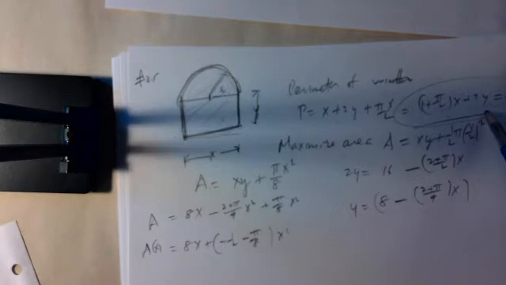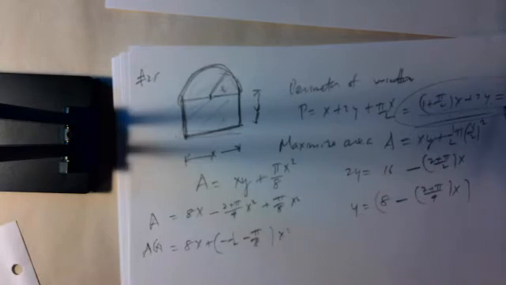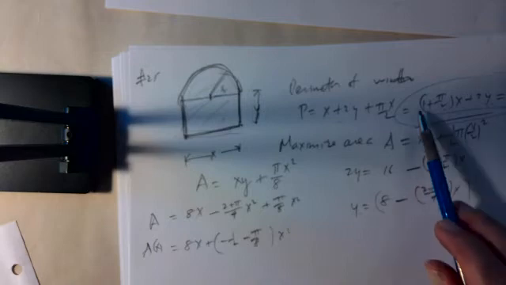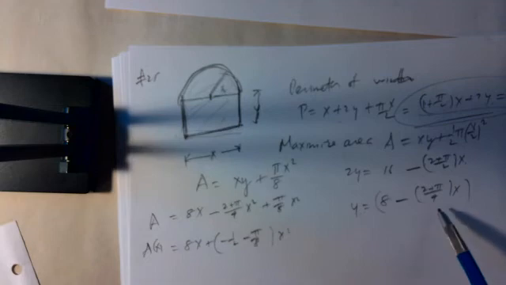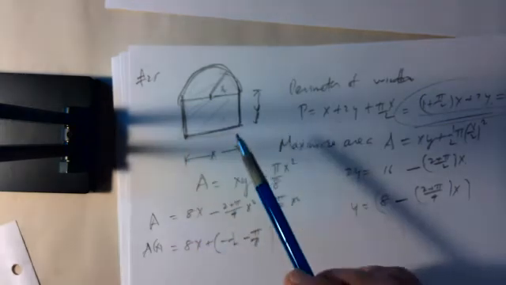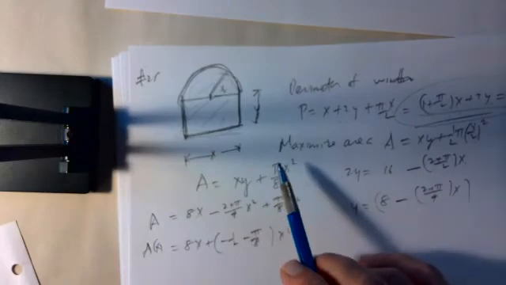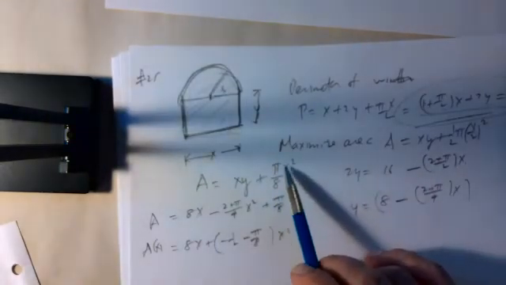And we're told that the total perimeter is 16 feet. So if you solve this equation, you can express y in terms of x. 2y is 16 minus (1 plus pi over 2, which is 2 plus pi over 2)x. Divide by 2, we get this. And the total area is xy plus a half pi r squared, that's this.